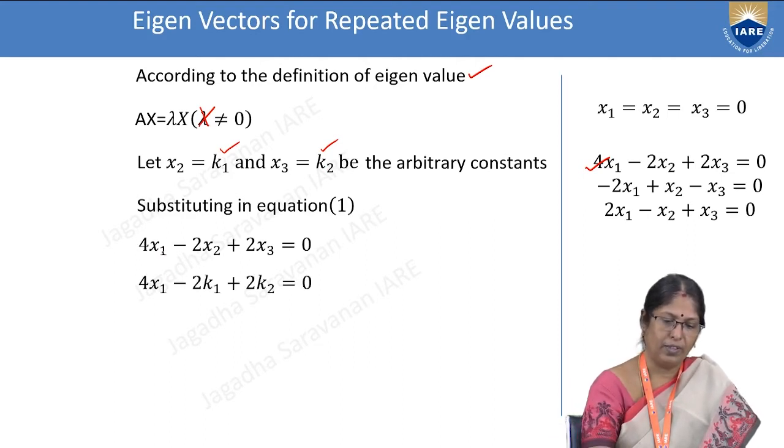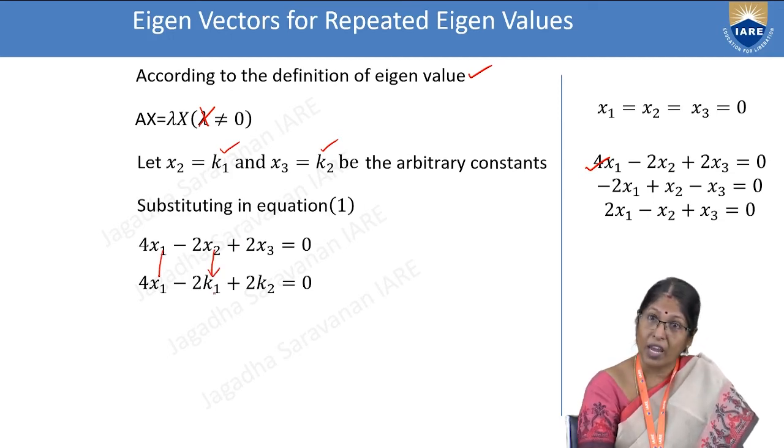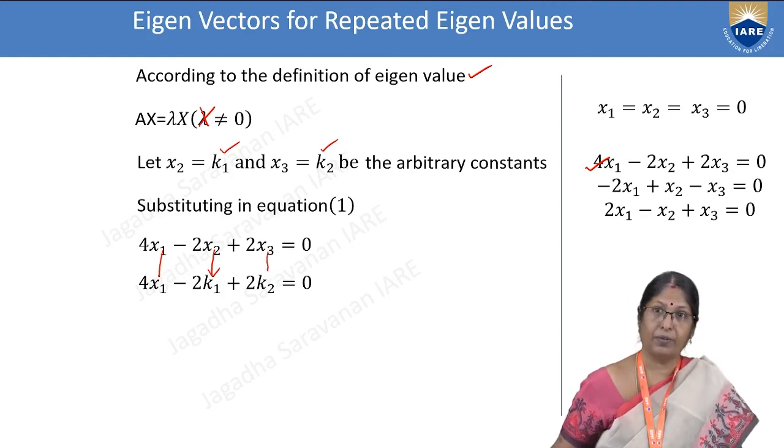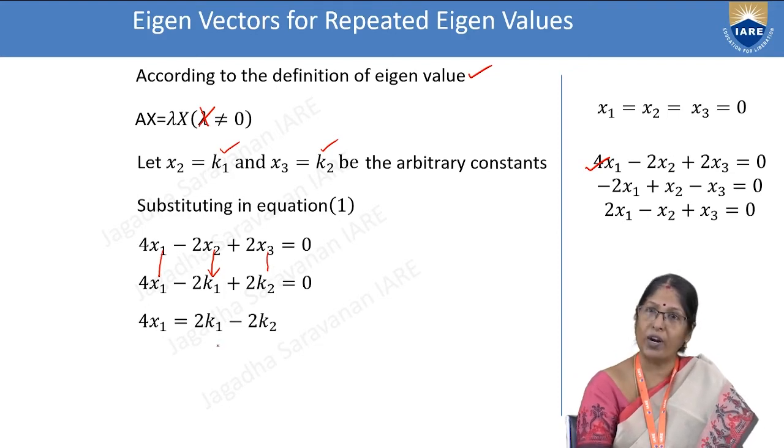So this is written as it is. Here substitution has taken place. That is, in place of x2 we substituted k1, and in place of x3 we substituted k2. Now 4x1 equals, this is a simplification. The terms we push to the right hand side.